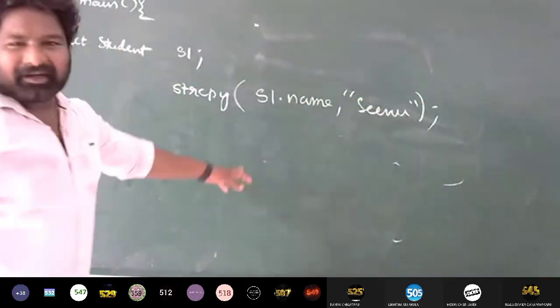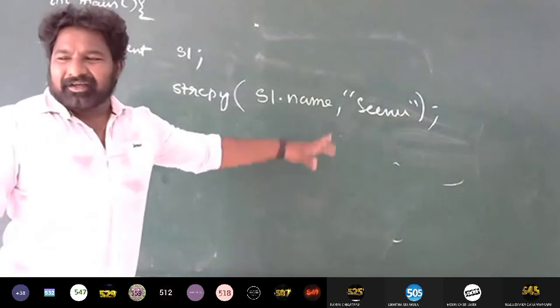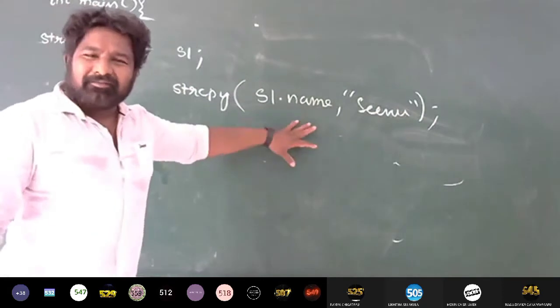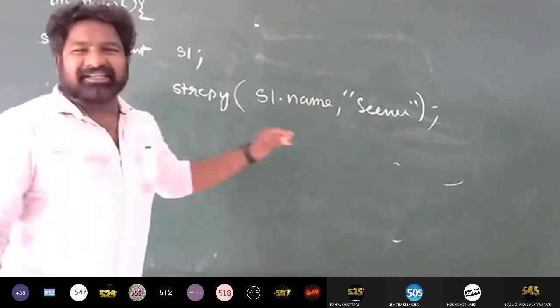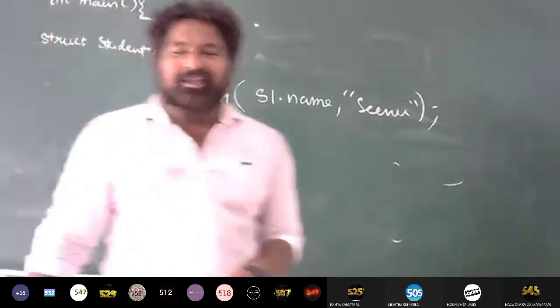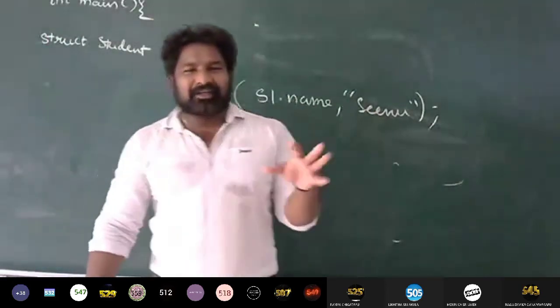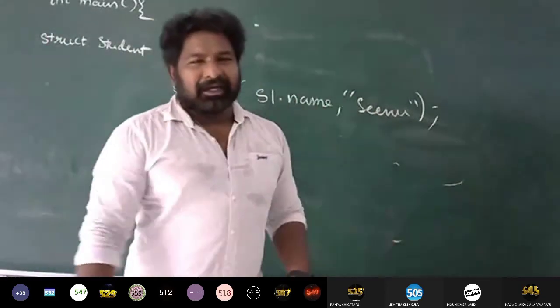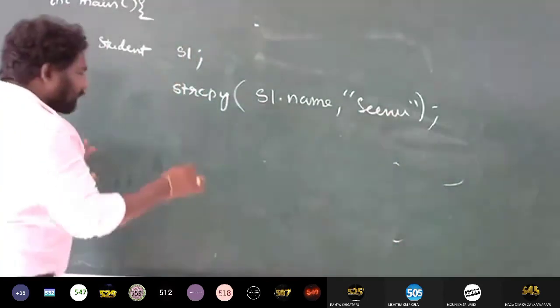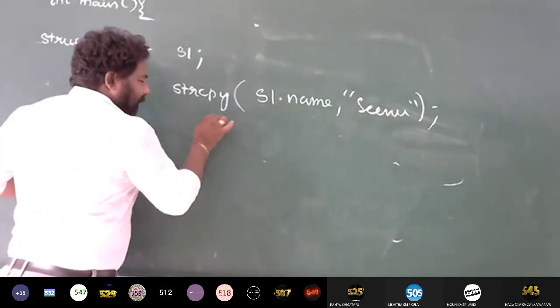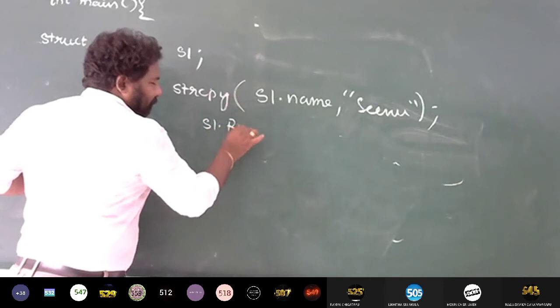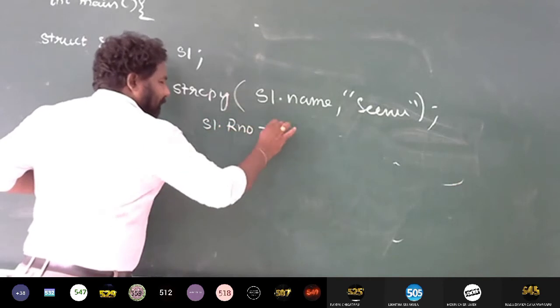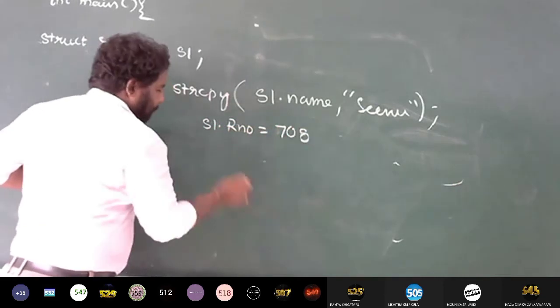Okay, so please remember that. If I want to assign a string to my member, I have to use strcpy. Only through strcpy can you assign a string to a variable. And for other values, you can directly write them with the assignment operator. That is s1 dot roll number is 708.